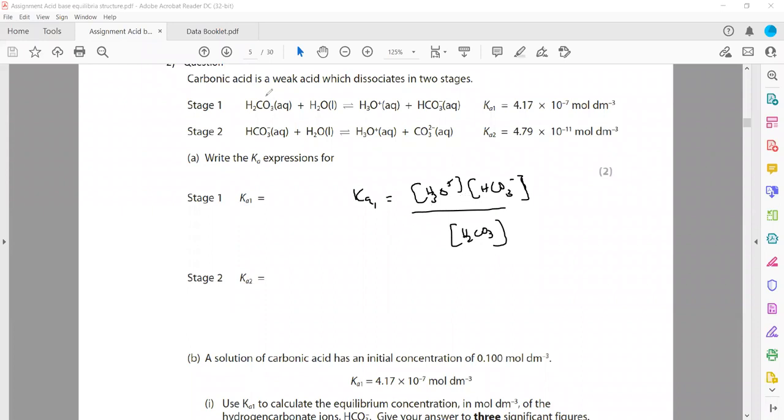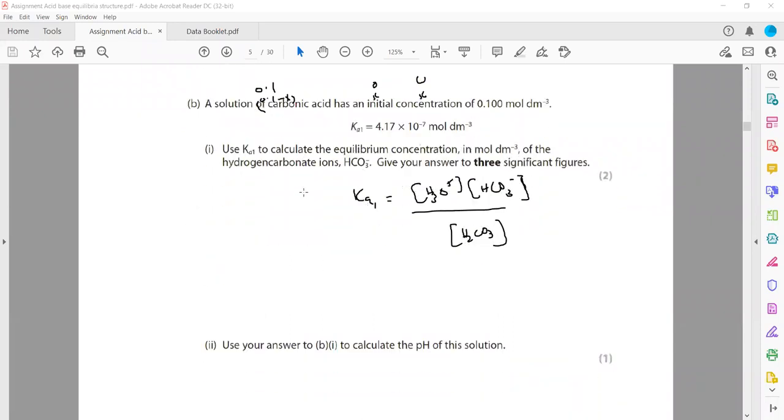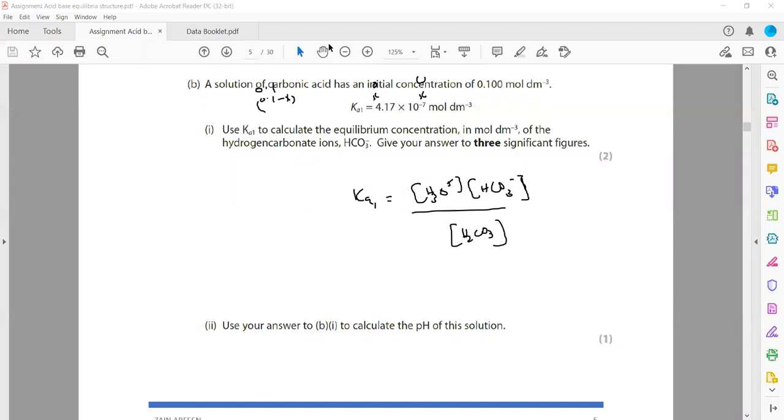Originally it is 0.1, this is 0 and 0, but at equilibrium x, x and 0.1 minus x. But x is negligible, so we can say the original concentration of the weak acid is the same as the concentration at equilibrium.